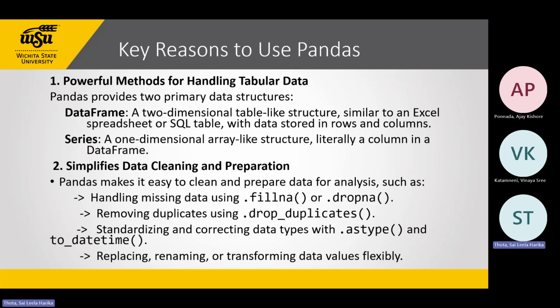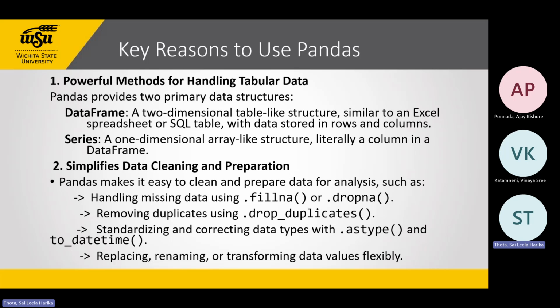What are some of the methods that we apply on our data set? If you want to handle missing data, you will apply two methods. One is fillna. fillna is nothing but filling the null values; NA represents the null values. The other is dropna. Suppose there is a column in your data set where most of the values are missing, for example 80%.